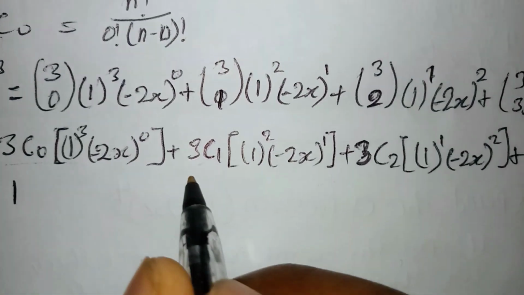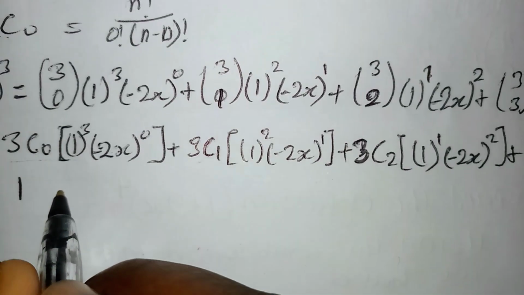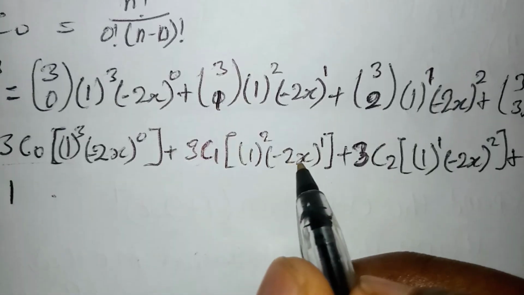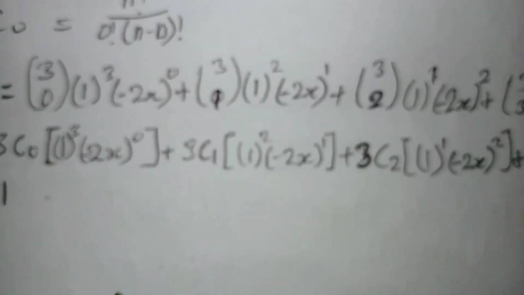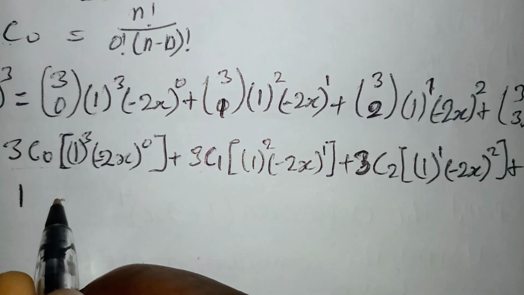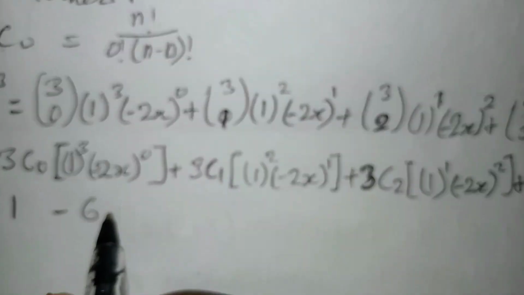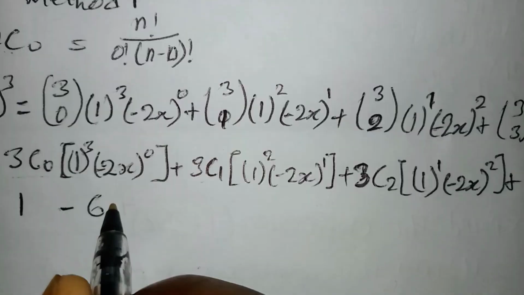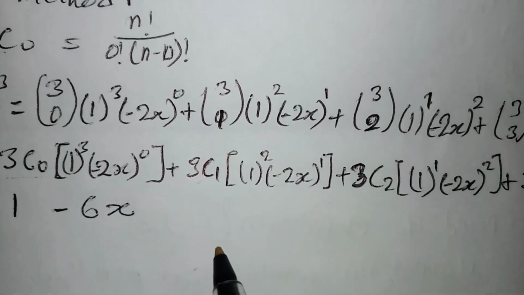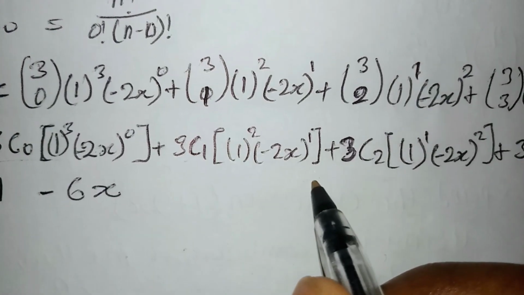So 3 combination 1 is simply 3 multiplying with what is inside the brackets, and that will be minus 6x.